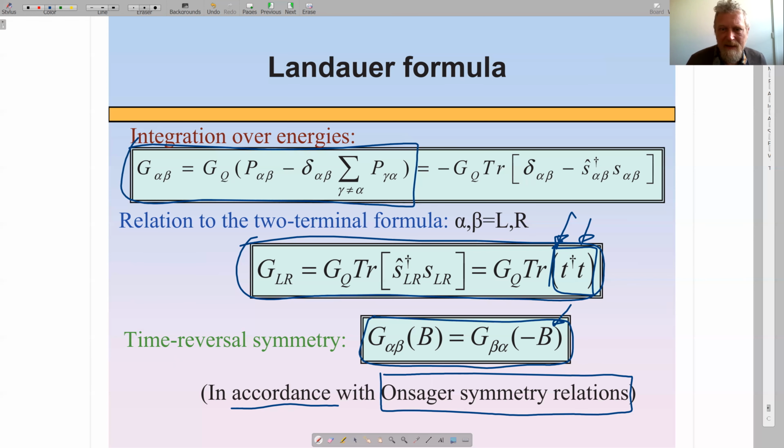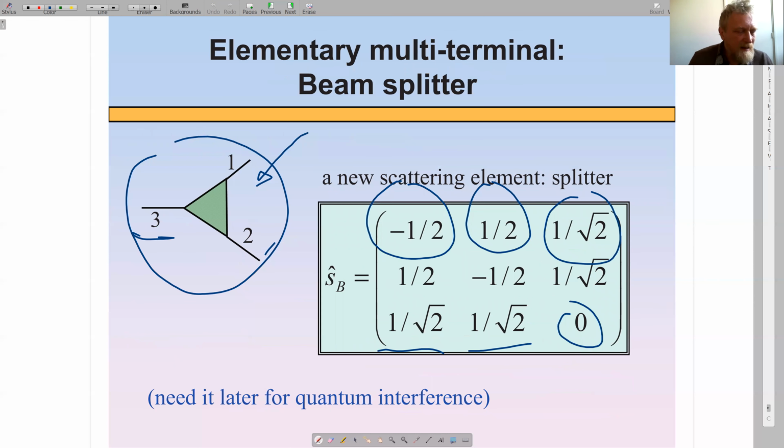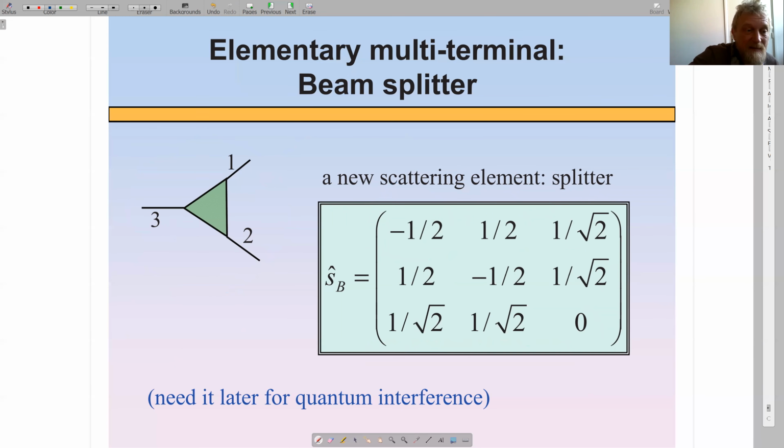Fine, Onsager symmetry relation, and I would like to move forward. And we come to splitting the beams. So our beams are electron waves. Let me describe an elementary nanostructure where we can split the beam. So it has three terminals. And what is this? It is not a general beam splitter.